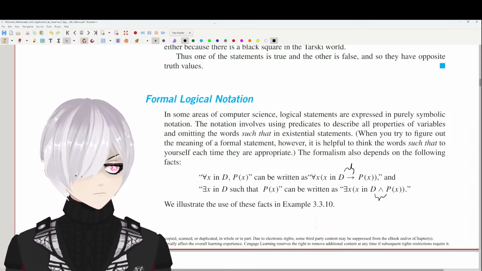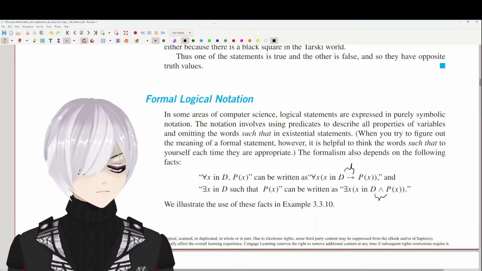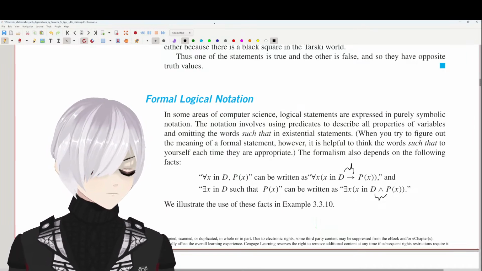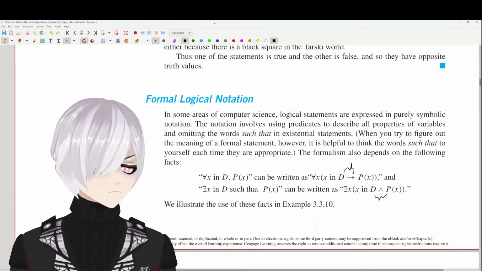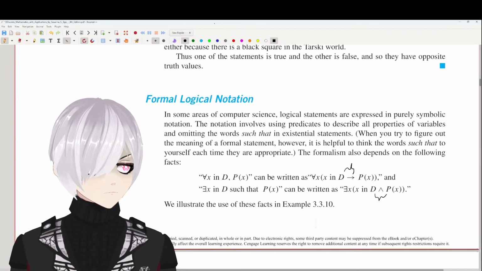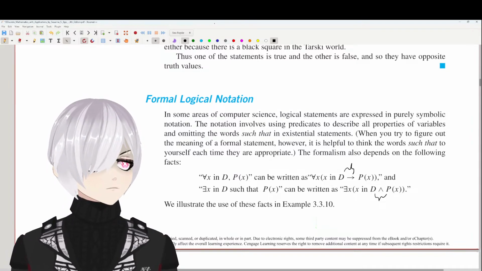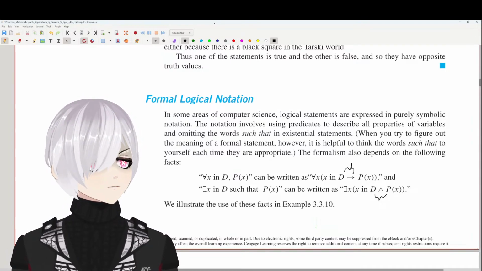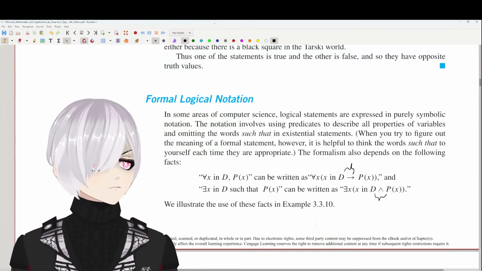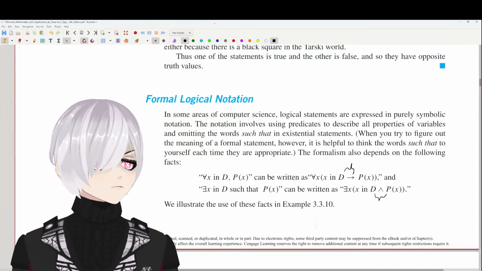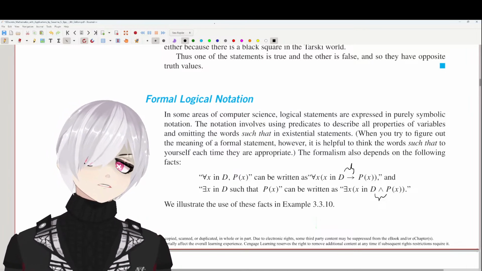I guess you don't strictly have to in order to express the statements, but some particular languages just happen to work that way, where there isn't a way to say for all x and then specify that all the x's are in D. So you can only say for all x, and then to capture the D part, you would say "if x is in D" and treat that like a predicate. It's pretty interesting.